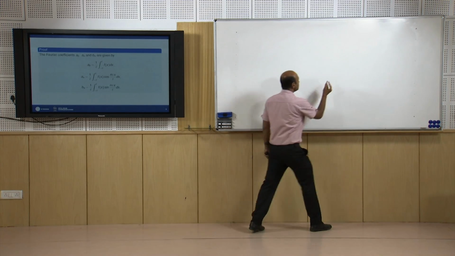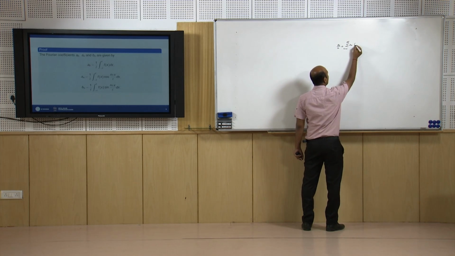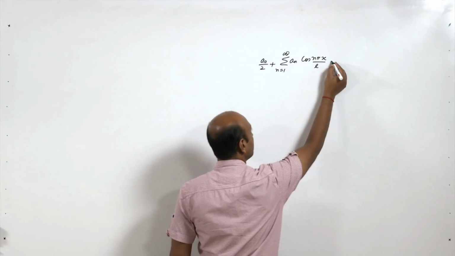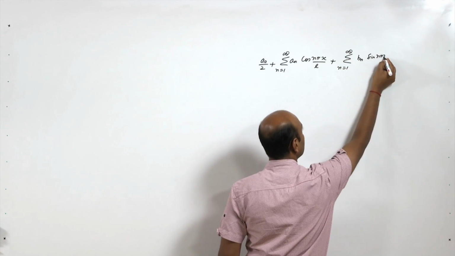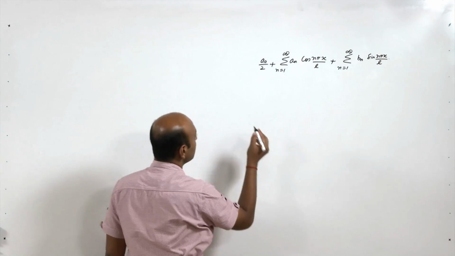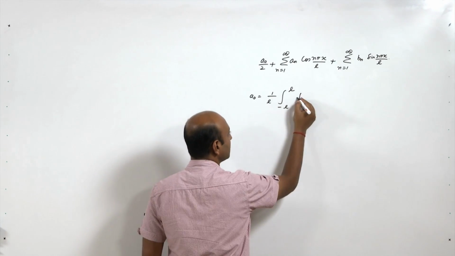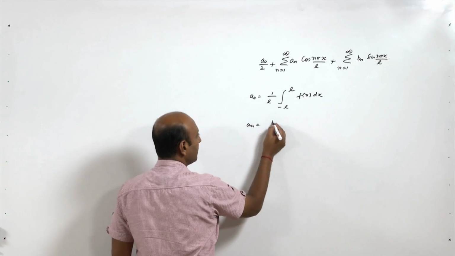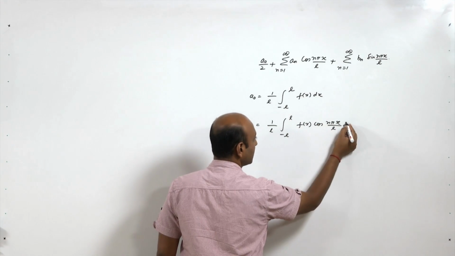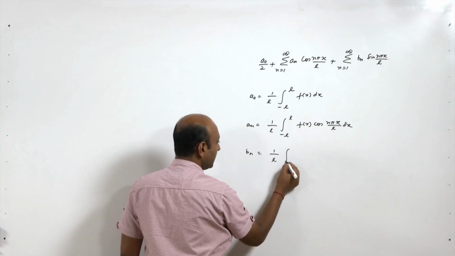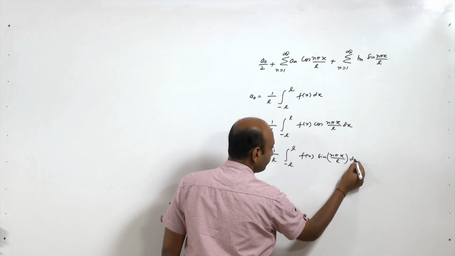Now, in this series, a0 by 2 plus summation n from 1 to infinity a n cos n pi x by L plus summation n from 1 to infinity b n sin n pi x by L, a0 is given by 1 by L integral minus L to L f(x) dx. a n is given by 1 by L integral minus L to plus L f(x) cos n pi x by L dx, and b n is given by 1 by L integral minus L to plus L f(x) sin n pi x by L dx.